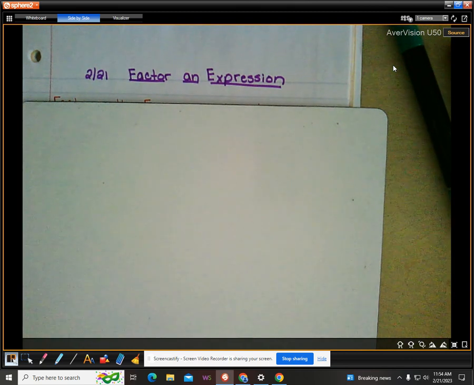So today we're going to look at the exact opposite of that: factoring out a number from an expression and then writing it as a distributive property.